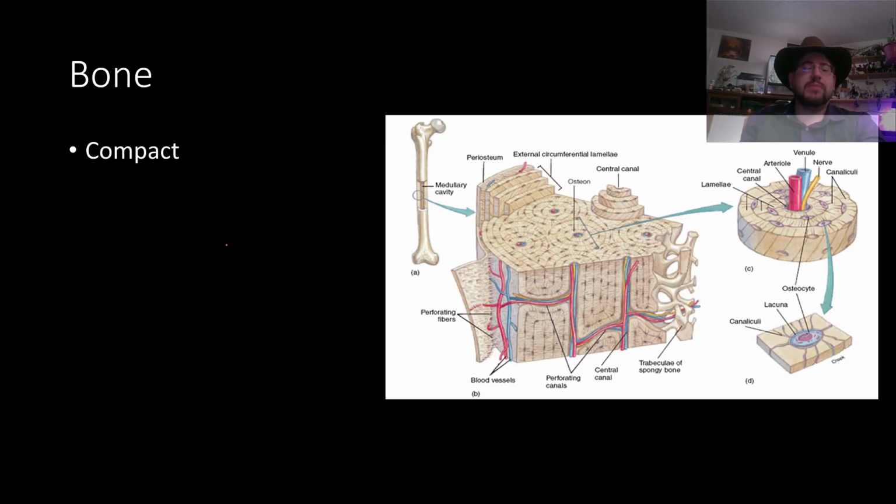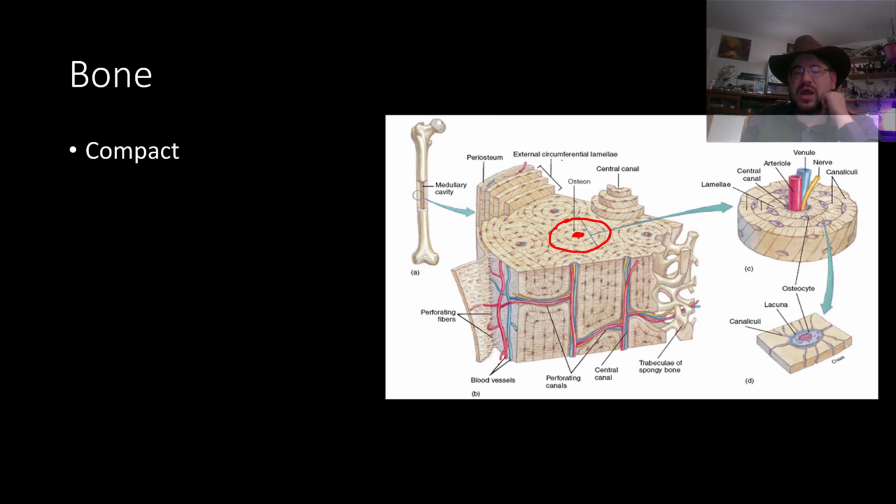So, we can separate bone into two basic types. You have compact bone. Compact bone, by the name, has very dense layers of bone. When we talked about those rings right here, these rings surrounding a central canal where you have blood and nerves.